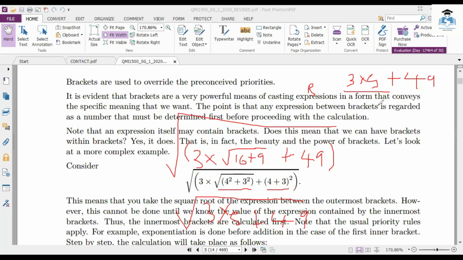So we start with this one. 3 times 5, that's 15, right? So now it's 15 plus 49. So 15 plus 49, what do we have?